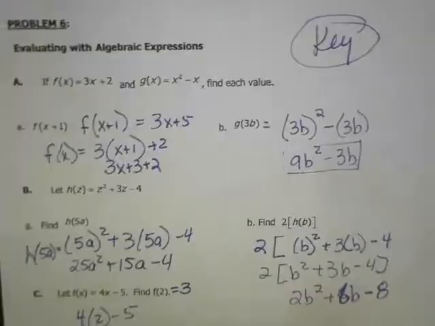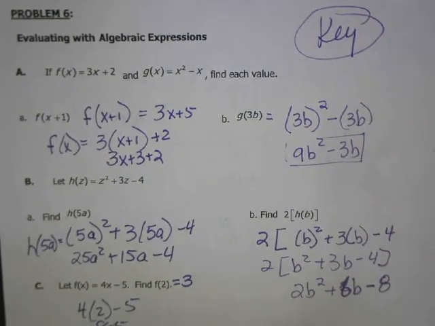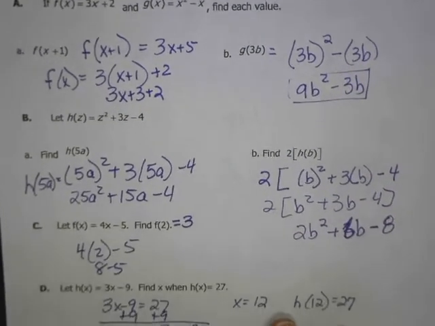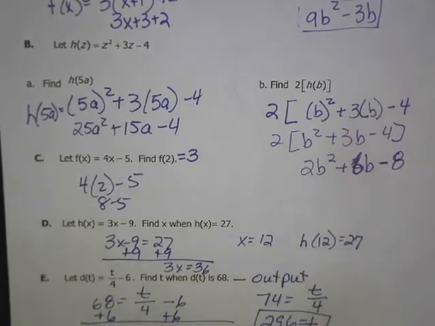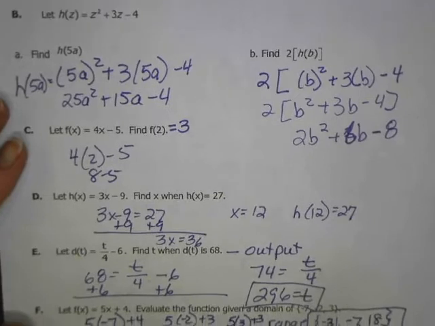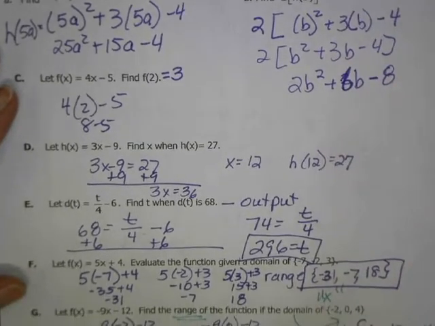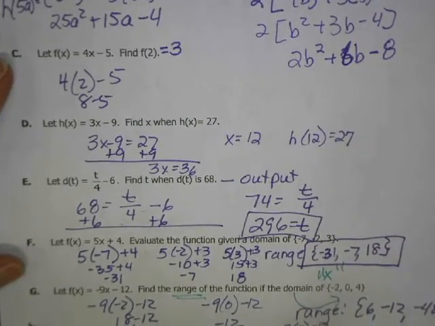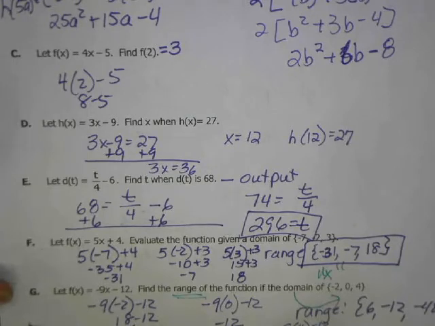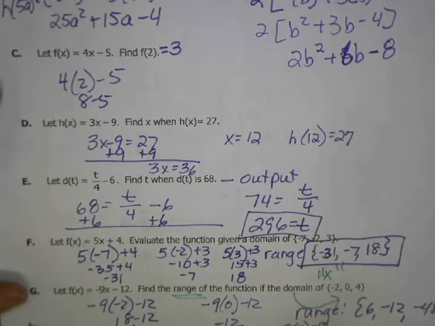So your answers, I'll go ahead and put them through on here. So there's the answers for the first part. Remember, you can pause at any time on here to check the answers and to check the work.